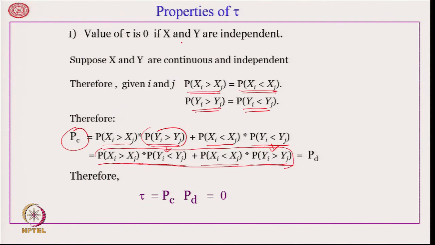Therefore, if x and y are independent, probability of concordance is the same as probability of discordance. Therefore, the value of tau, equal to P_c minus P_d, is equal to 0. Therefore, if x and y are independent, the value of tau is 0.